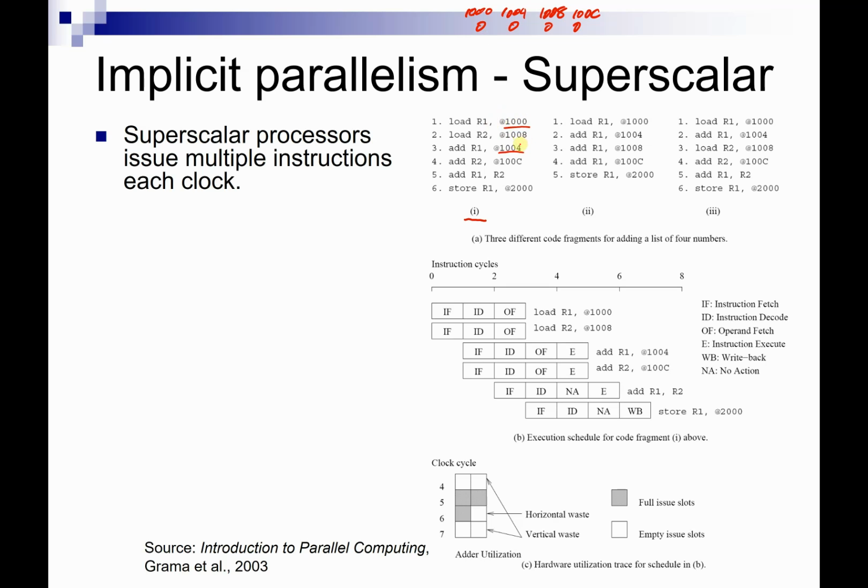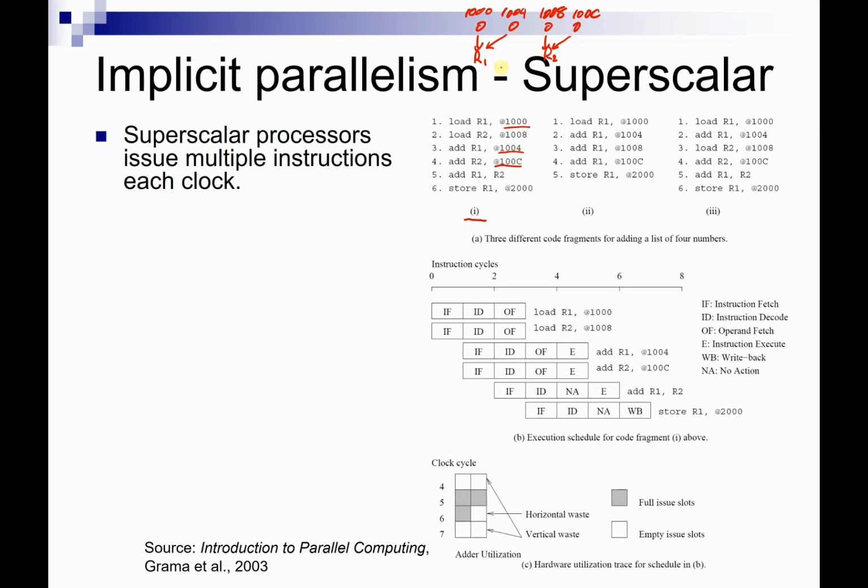Then next it's going to add the value from 1004 to the first register. So basically this is getting loaded into register 1, this is getting loaded into register 2. And then on the third time step, we're going to add these 2 values together. Then on the fourth time step, we're going to take the value at 1012 and add it to the value from 1008, which is in register 2.